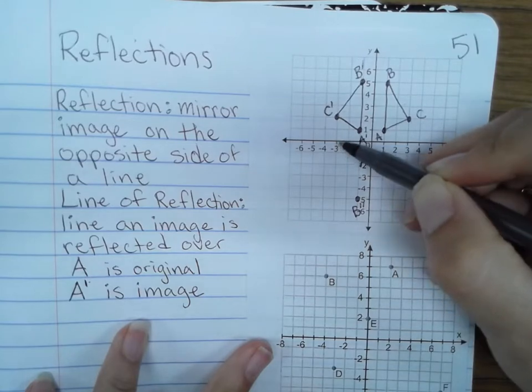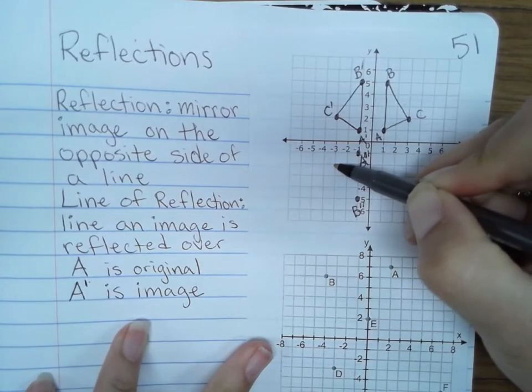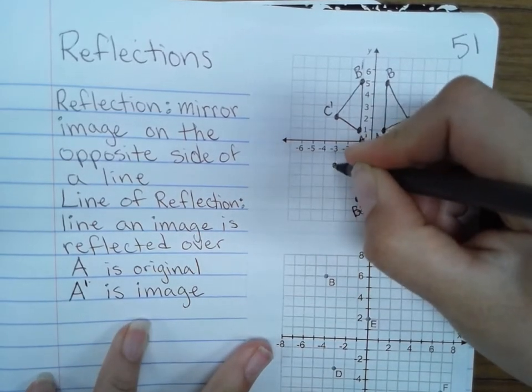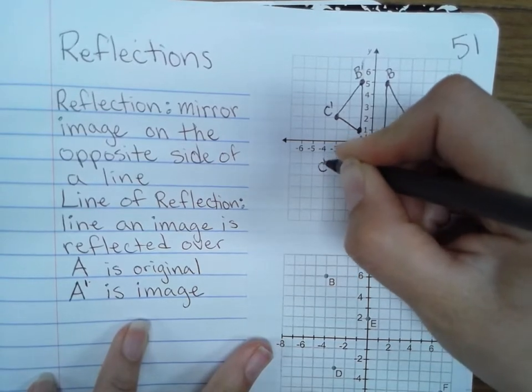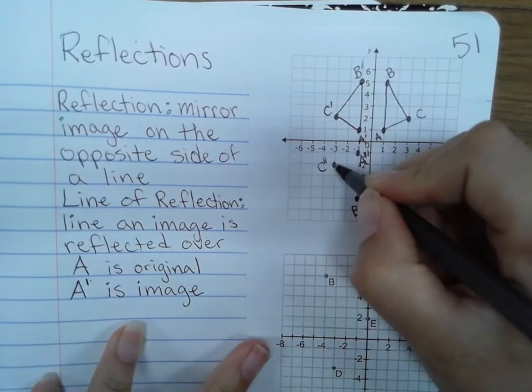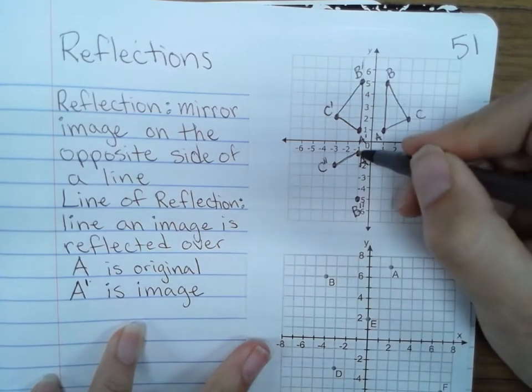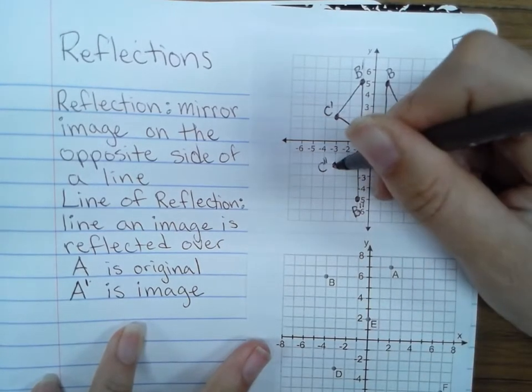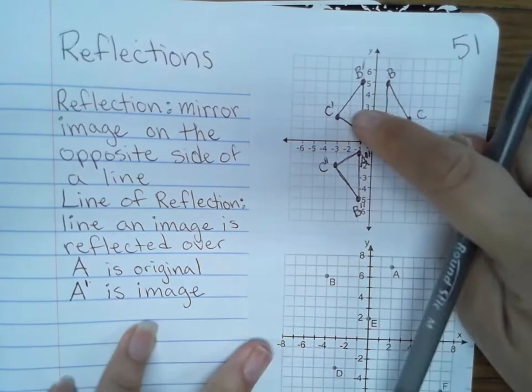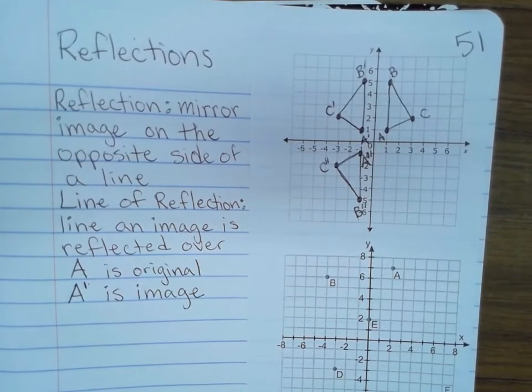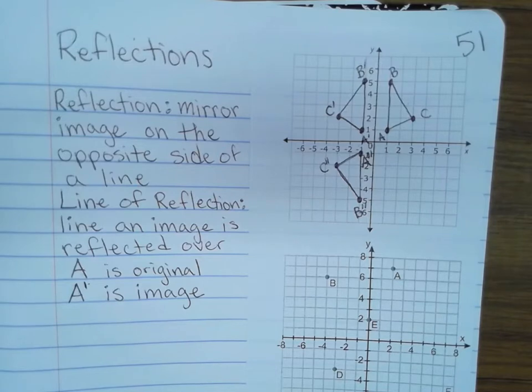So from the x-axis, I'm going to go 2 units the opposite direction. That would be C double prime. Now, if I connect it, you can see my mirror image of my original reflection. Okay, so that's how reflections work.